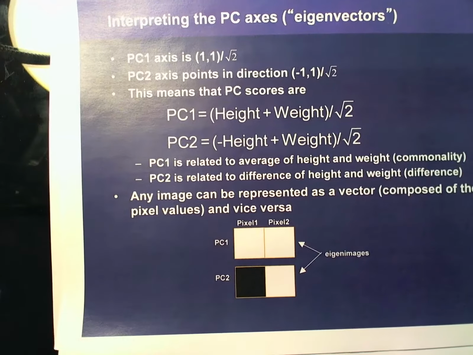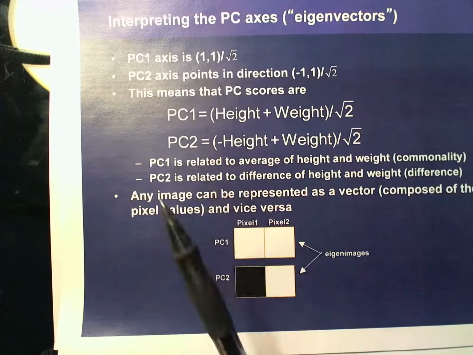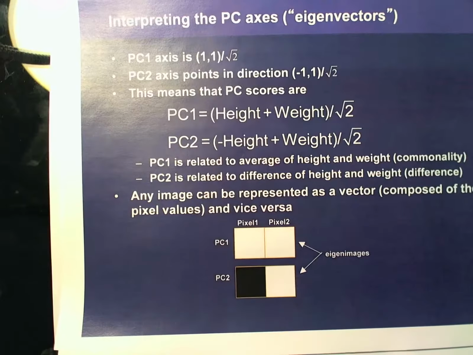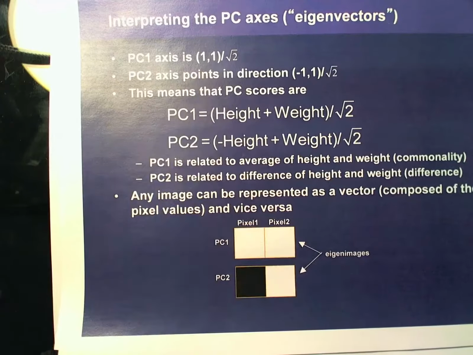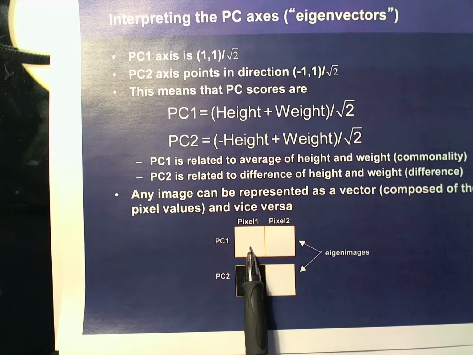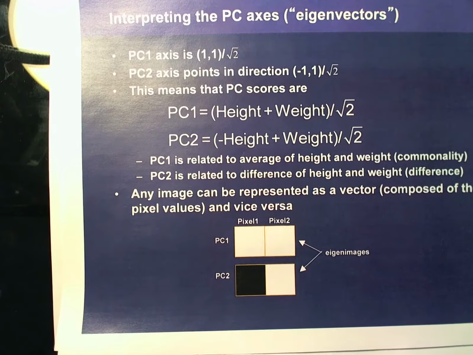The way to interpret it is that our basis vectors, like 1, 1, can be thought of as little pictures, where 1, 1 are the two values of the pixels in the little picture. So that's our basis vector.